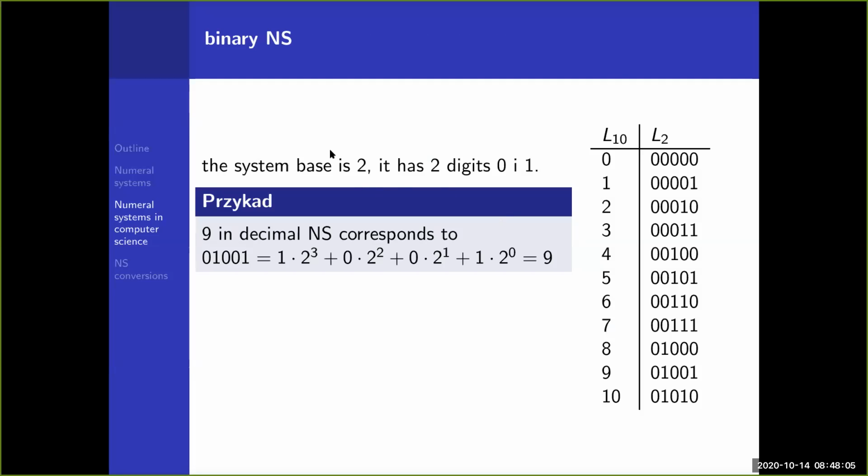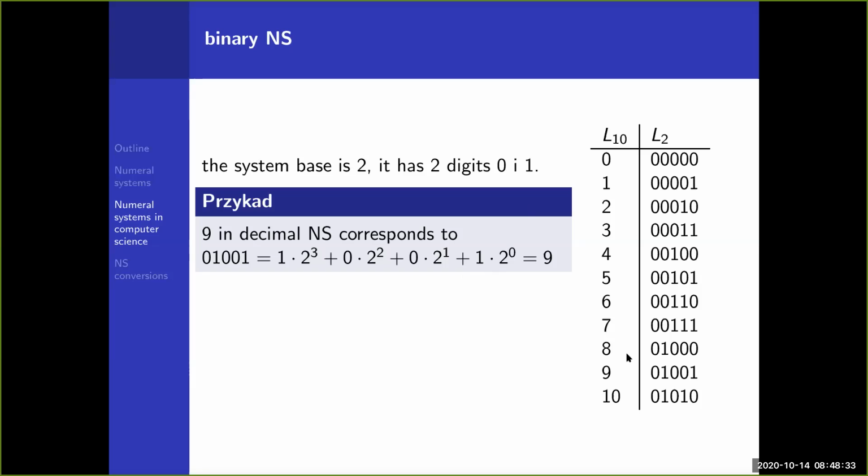Looking at the decimal system, we have 10 digits because the base of the system is 10. In the binary system, the base is 2, so I have only 2 digits, 0 and 1. Every number has to be represented using these elements.